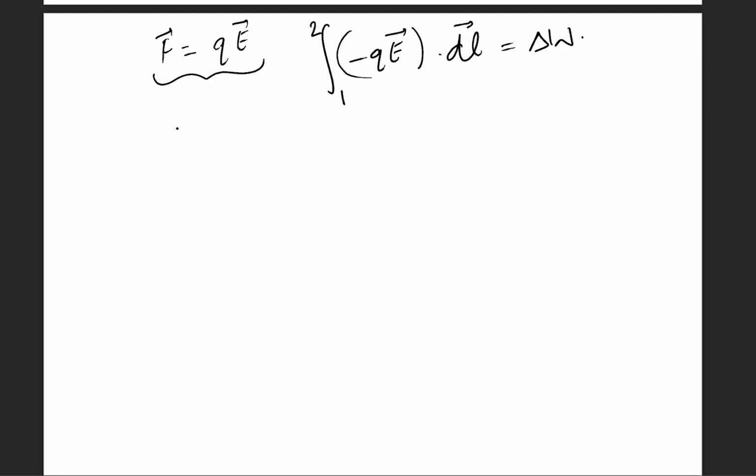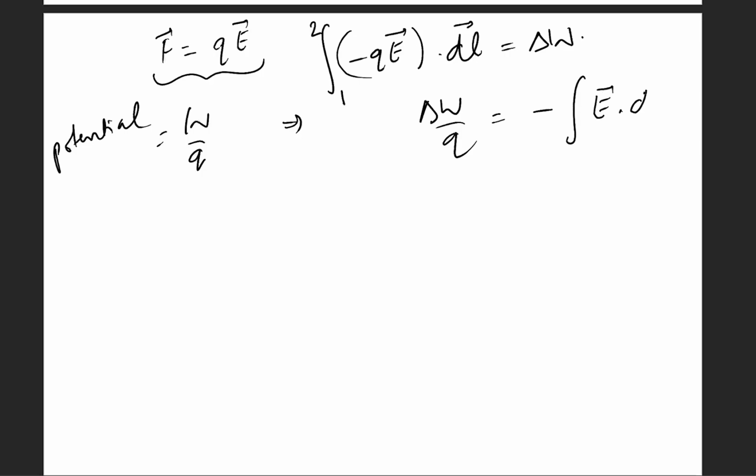Okay, now the work done per unit charge is called the potential, electric potential. So it implies that delta W over Q is equal to minus the integral of E dot dl from position 1 to 2, which is simply the work by Q at position 2 minus the work by Q at position 1.